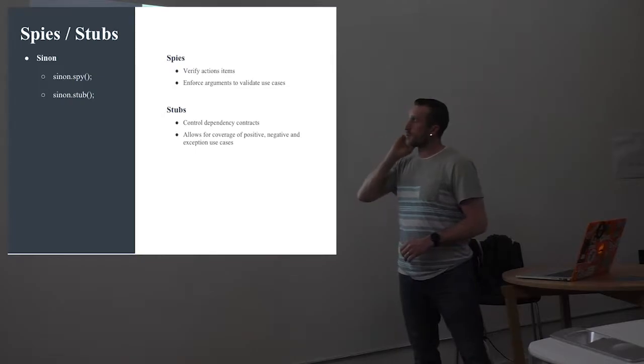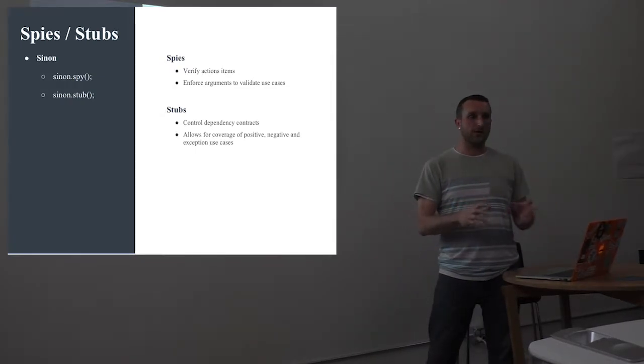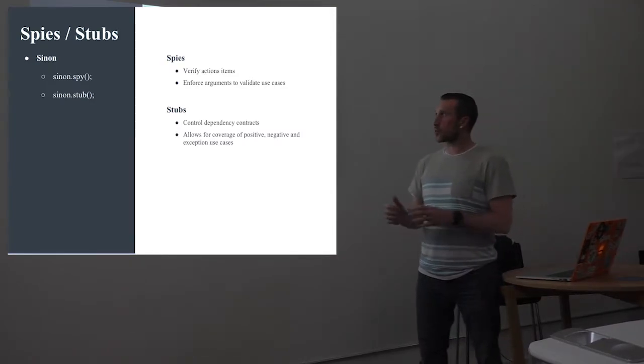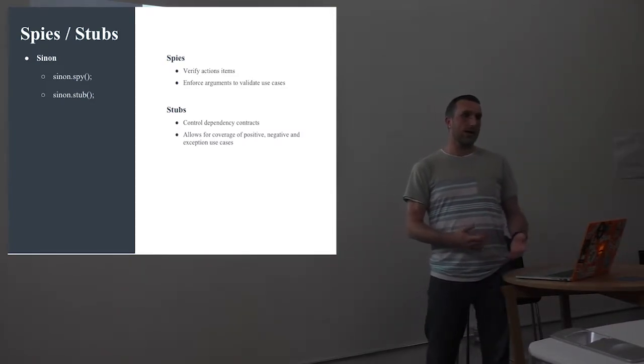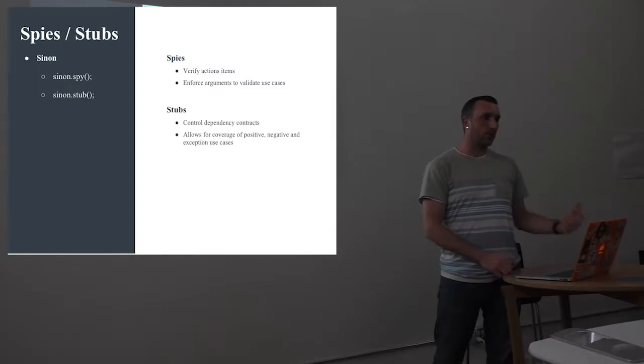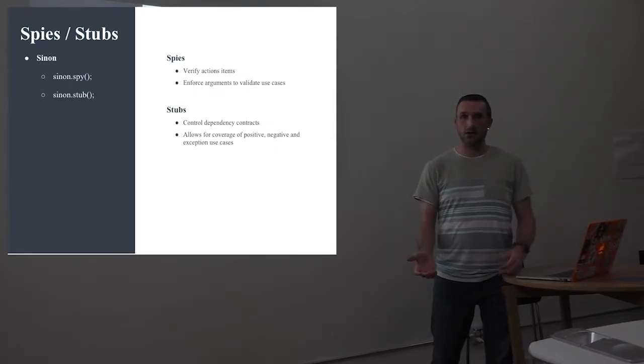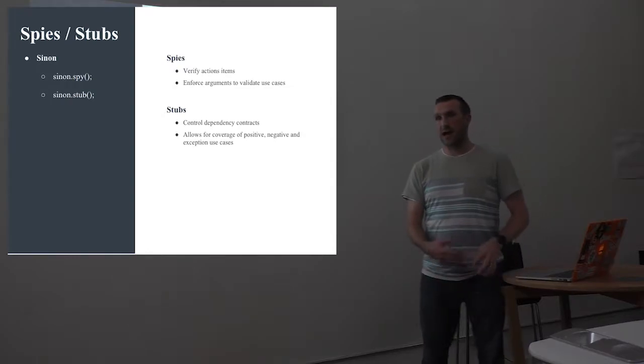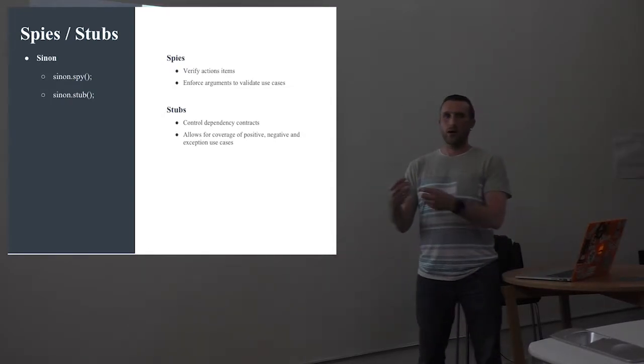Stubs are very similar to spies, where you can keep an eye on specific methods, but with stubs, you can actually control what happens. Think of something that may return an error or may not. You want to be able to say, I expect this method to be successful here, and then in the next test you can say, I expect it to fail for this reason.